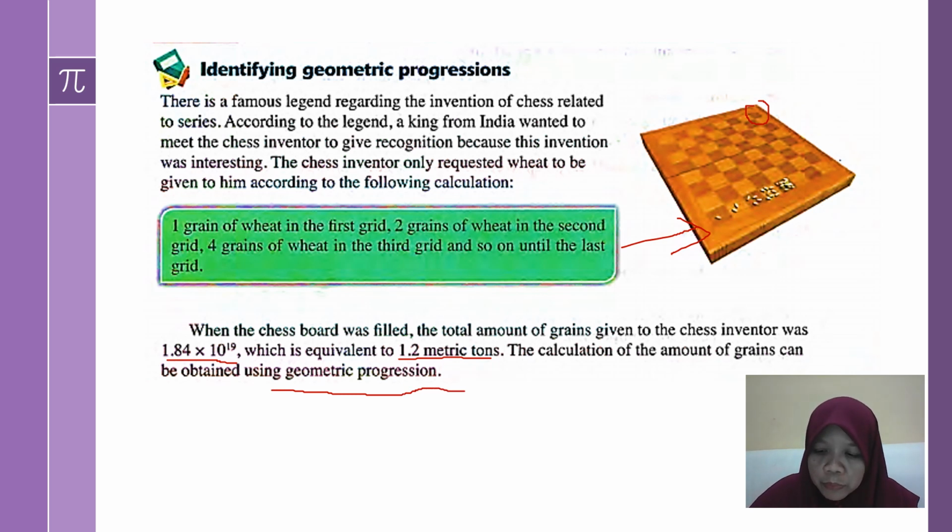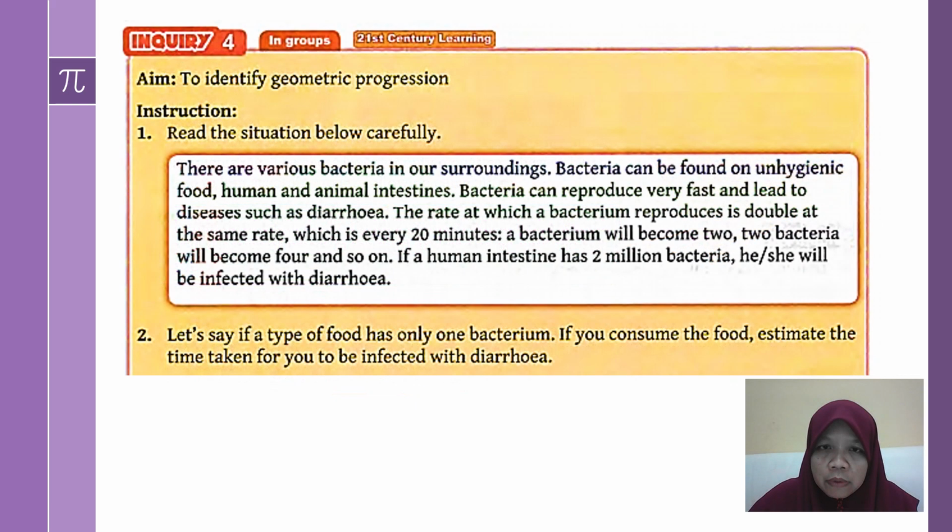To make it clear, let's do inquiry 4. The aim of this inquiry is to identify geometric progression. Let's read the instruction.